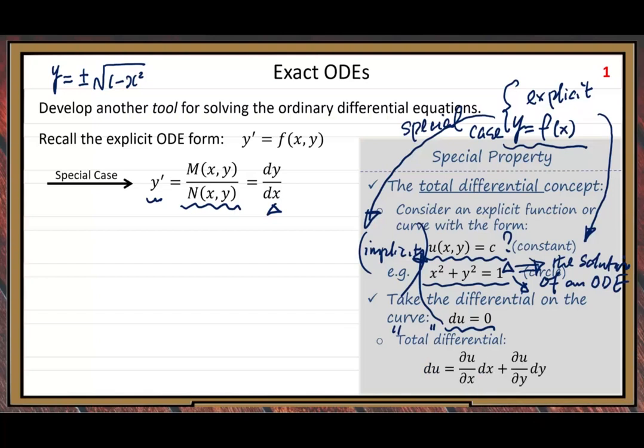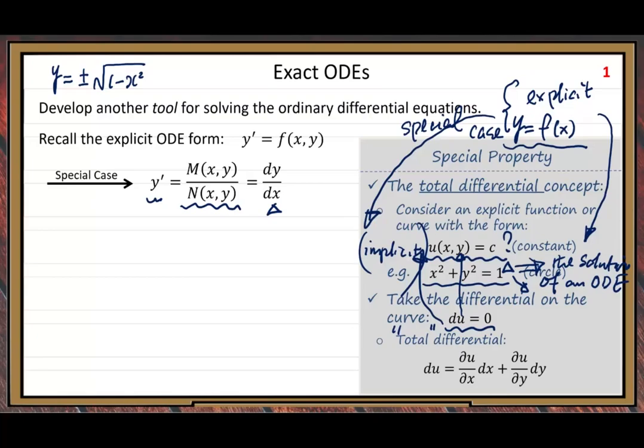The reason is this. Let's look at the u function. The u function has two variables, an x variable and a y variable.